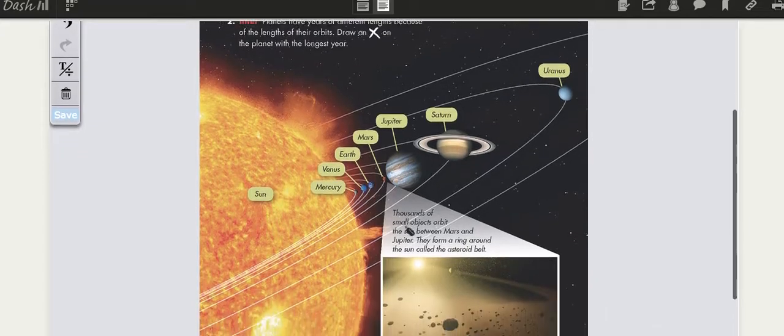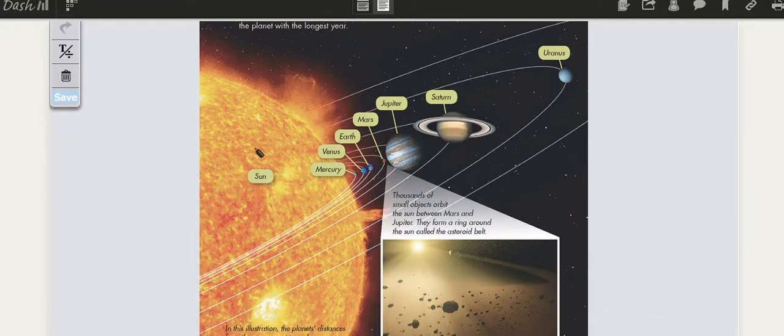So if we look here at this picture, we can see the Sun, which is the center of the solar system. And then we can see the planets. So if you can look here, they are 1, 2, 3, 4 inner planets. So these are the 4 inner planets. Each of the planets has its own orbit, or let me say it as the pathway of this planet.